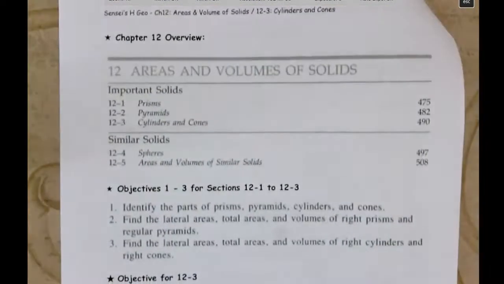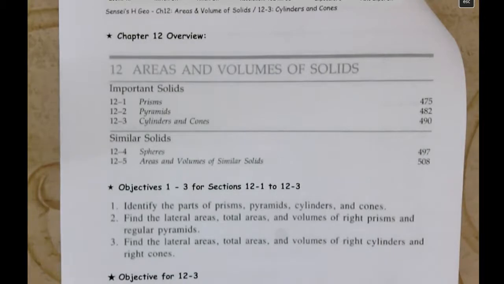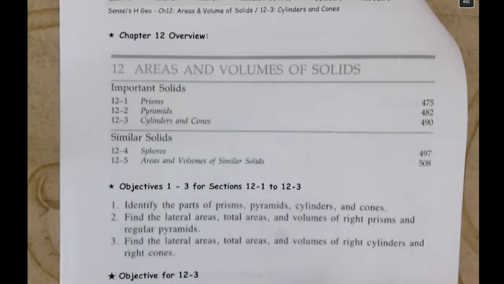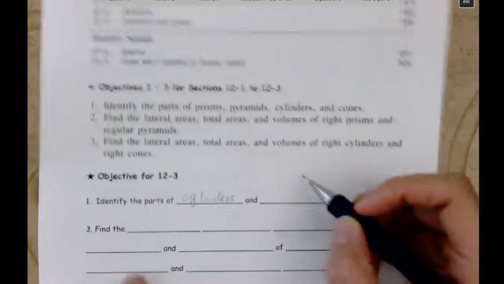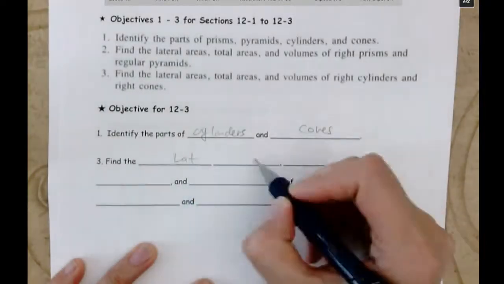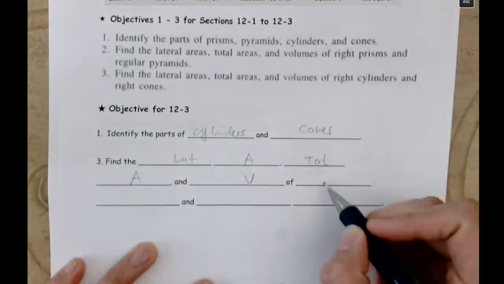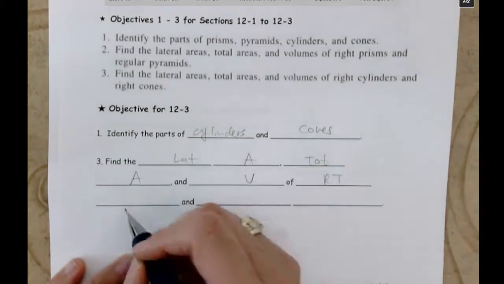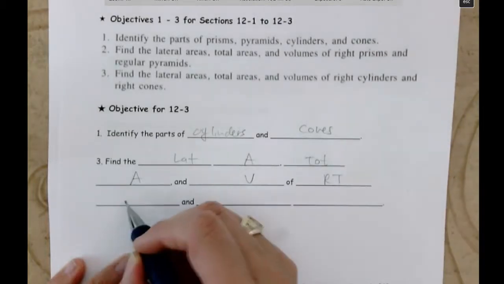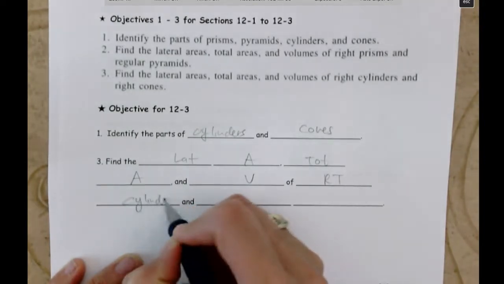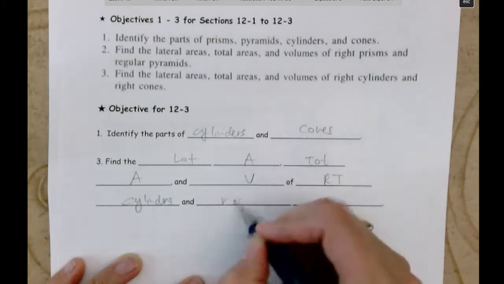Okay? All right. So the objective is to identify the parts of cylinders and cones, and find the lateral area, total area, and the volume of right cylinders and right cones.